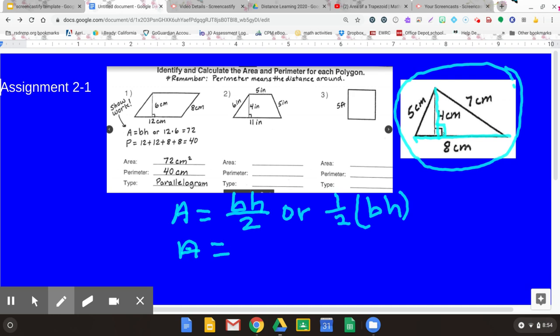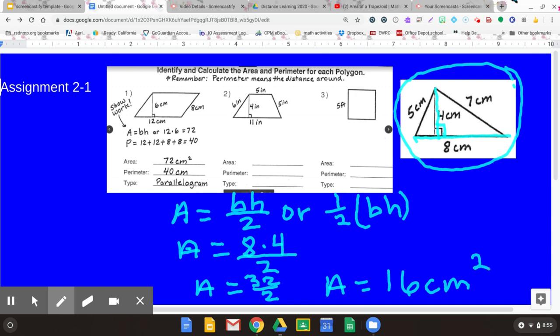So my base is 8 times my height, which is 4, and I'm going to divide that by 2. So my area equals 32 divided by 2. So my area equals 32 divided by 2 is 16 centimeters. And we're talking about area, so I'm going to square it.